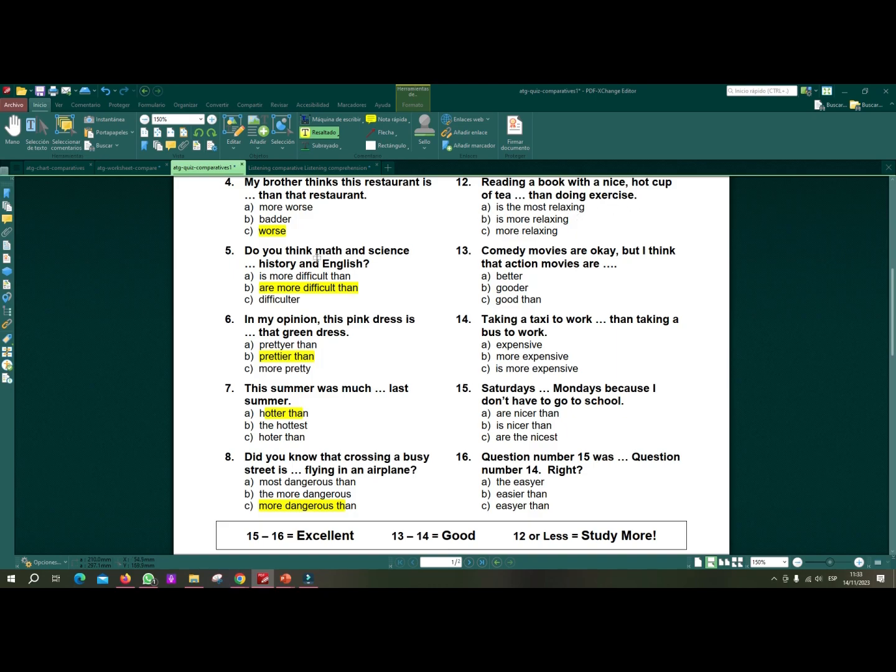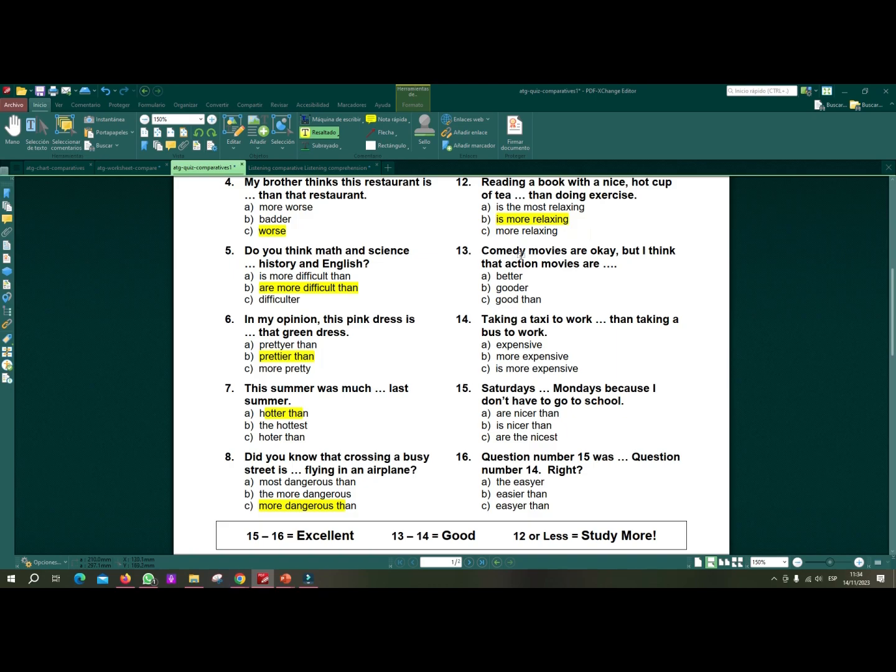So it's the most relaxing, it's more relaxing and more relaxing. Which could be that one? A, B, or C? Number 12. Relaxing, right? You need letter B. So it's more relaxing. Nice.